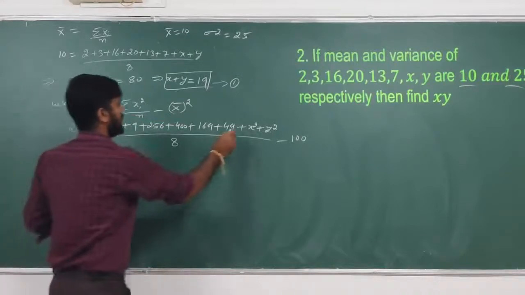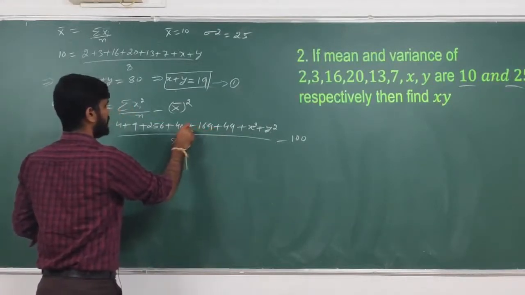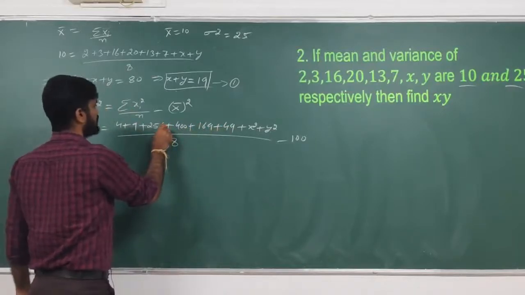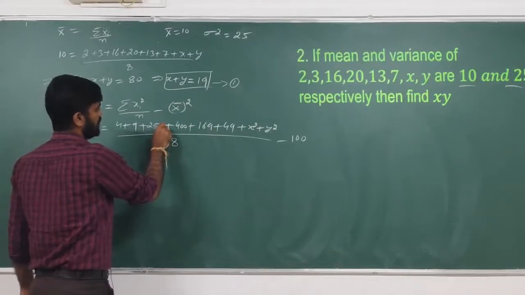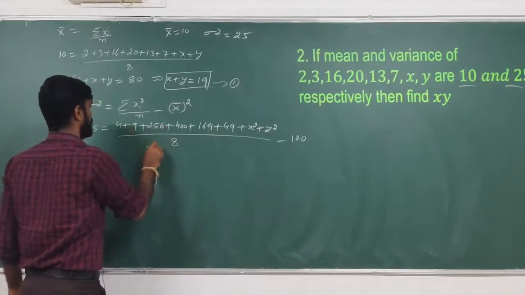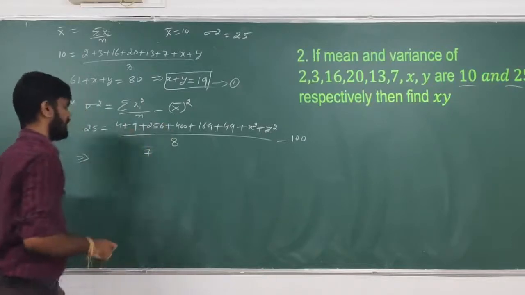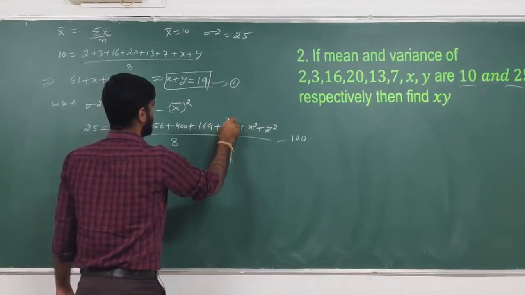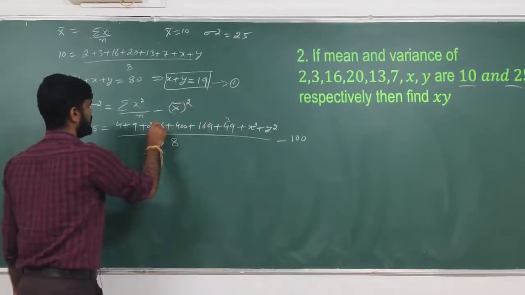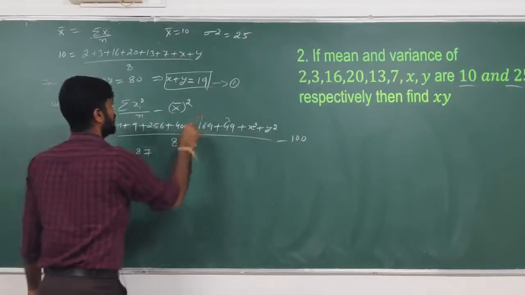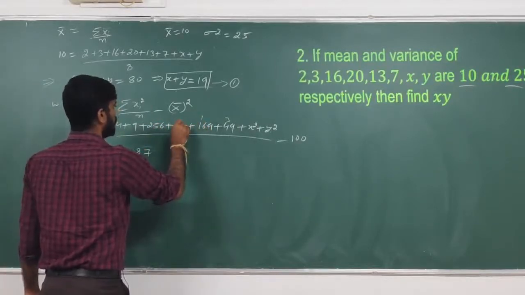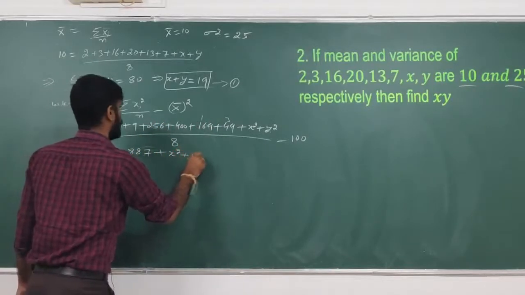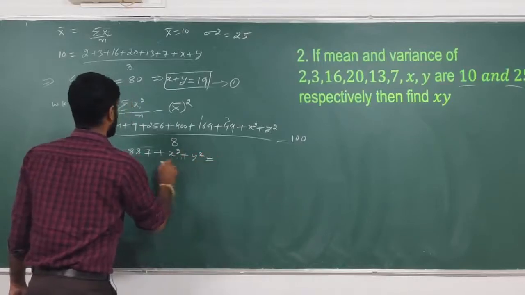So 887 plus x square plus y square, all divided by 8.